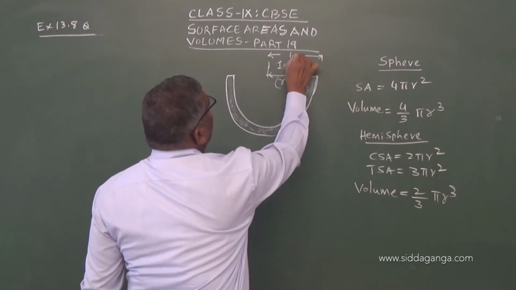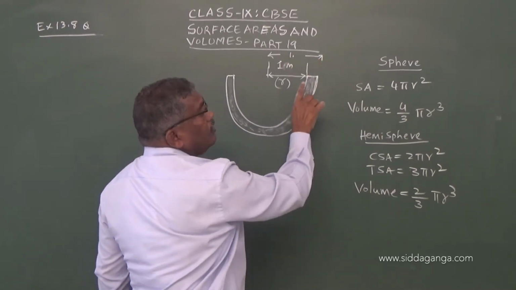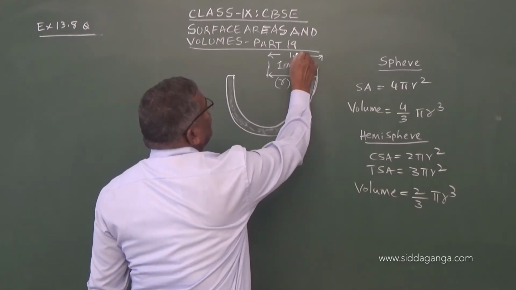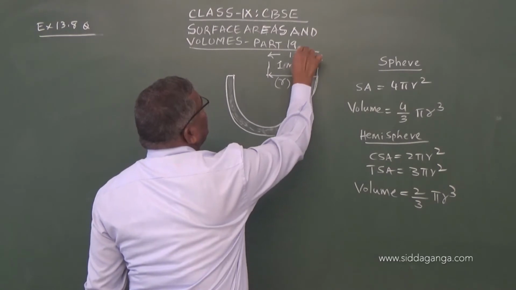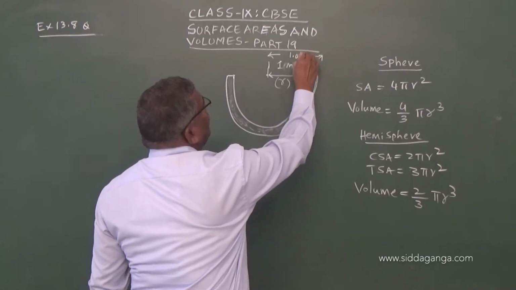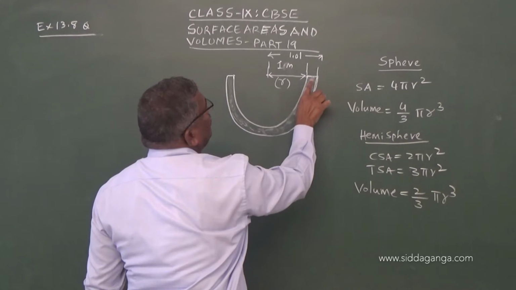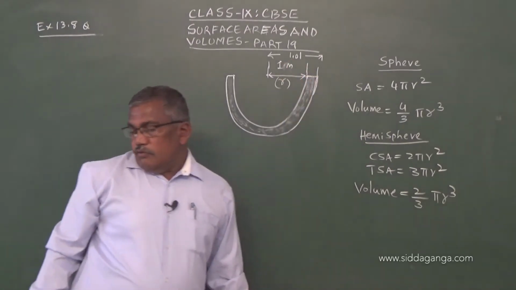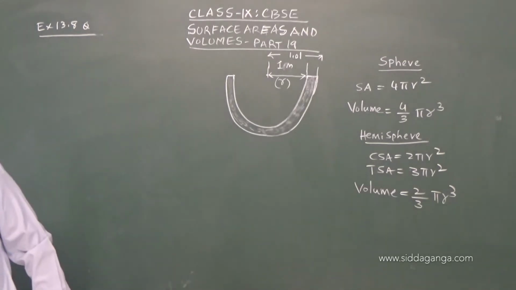This is 1 centimeter thick, therefore it is 1.01. This is 1 meter and this is 1 centimeter, therefore 1.01.